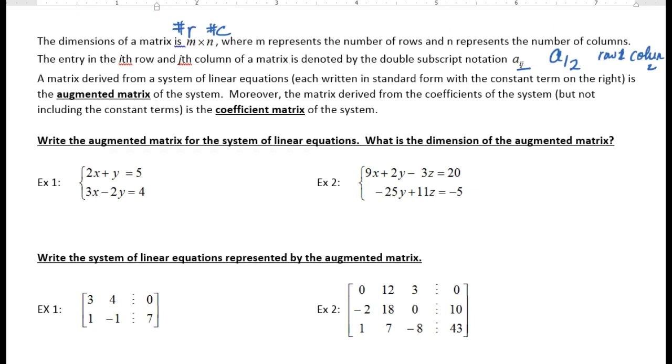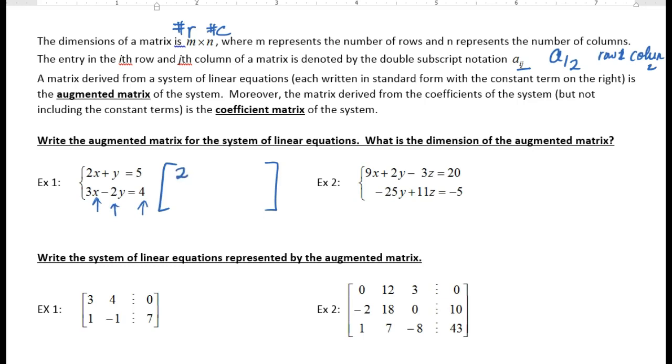So here I have a system of equations in example 1, and I want to write the augmented matrix. This includes all the values, constants and everything, okay? So I need to make sure in my system of equations the x's are lined up and the y's are lined up and the constants are all lined up. Okay, so all I do is pull out the coefficients.